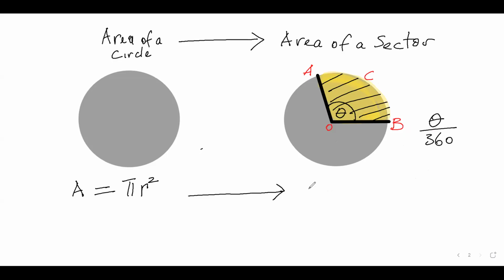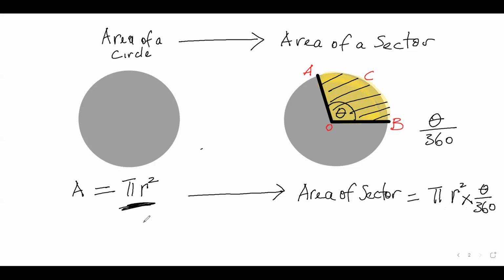So area of a sector is equal to, listen, pi r squared multiplied by theta over 360. People, notice I'm using the same pi r squared in area of a sector.